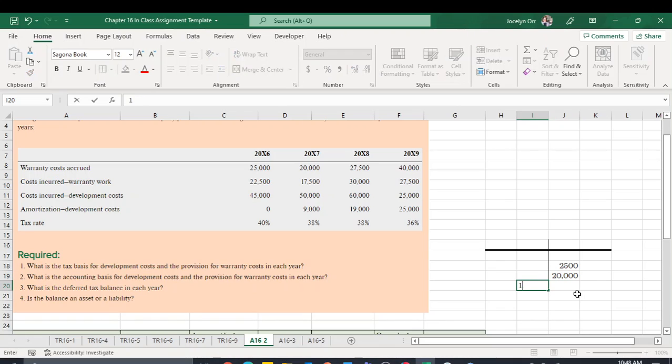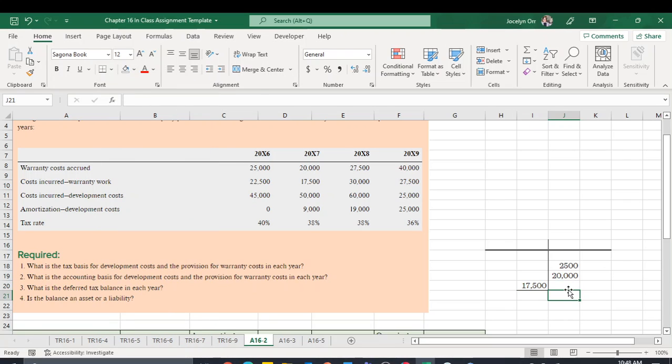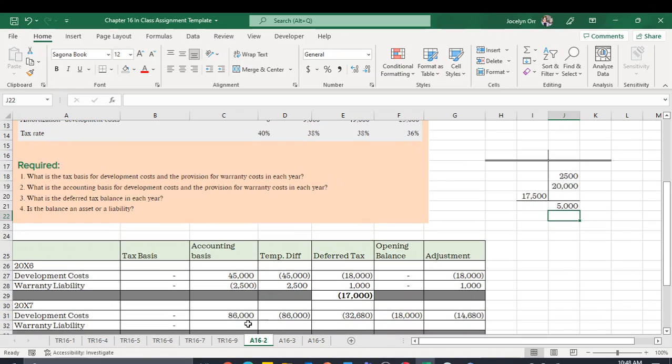And then we had $17,500 that was incurred, so we would have removed that from that liability account. So my credits minus my debits is going to give me a balance of $5,000 on the credit side.